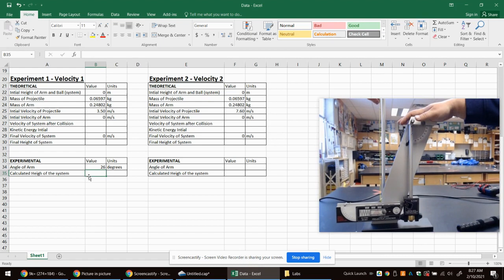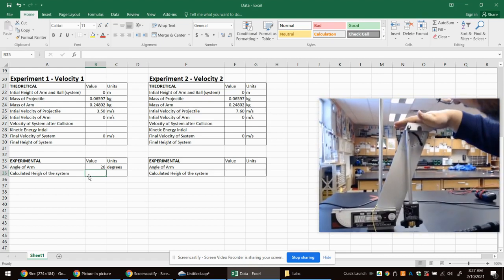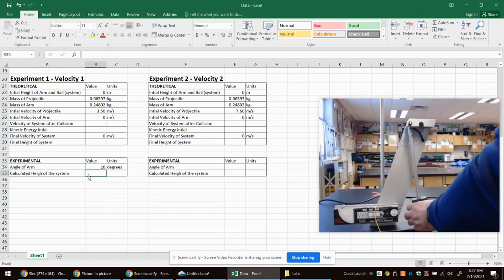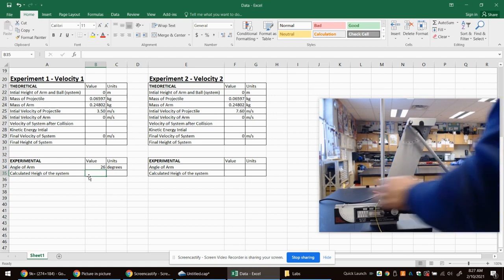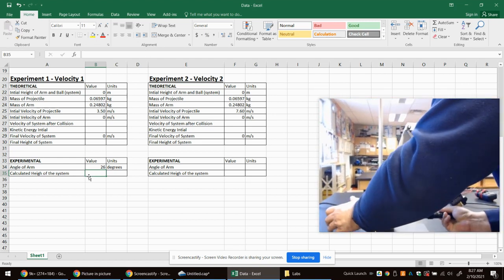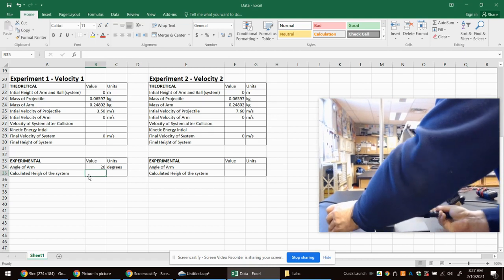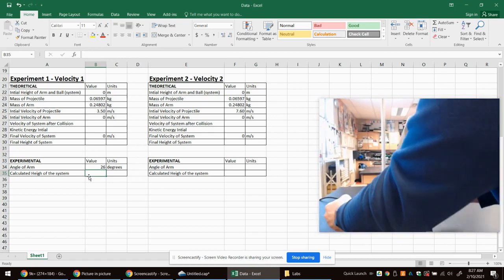Here we go, 57 degrees, so I got that the first time. That says 56. Let's do it just one more time, see which one of those is. There's a very small difference, but just for the sake of not getting the same value, let's do it one more time.